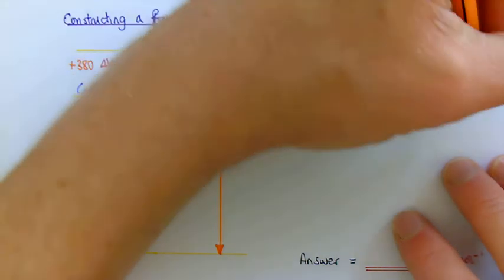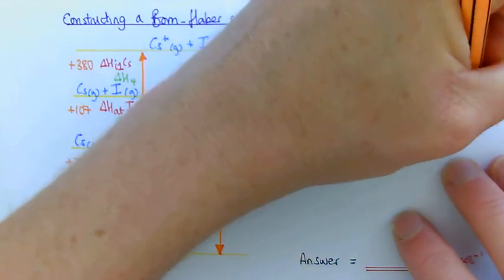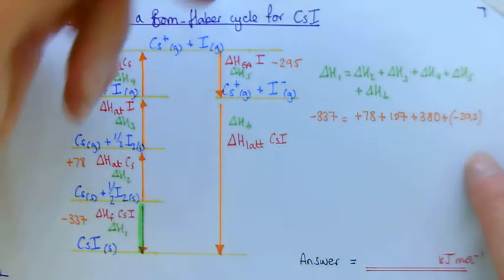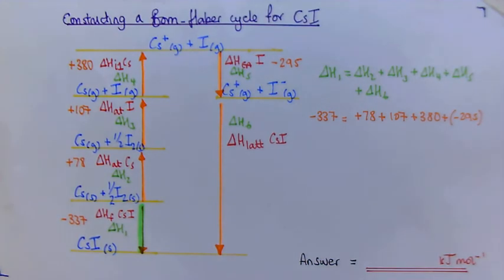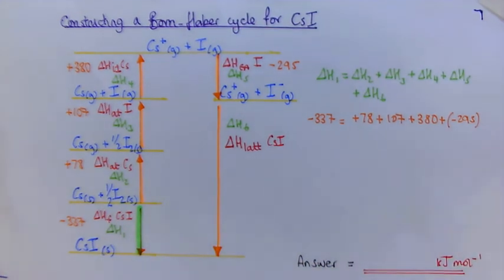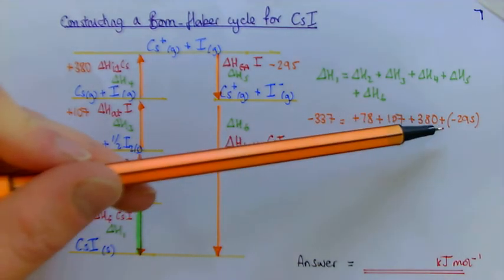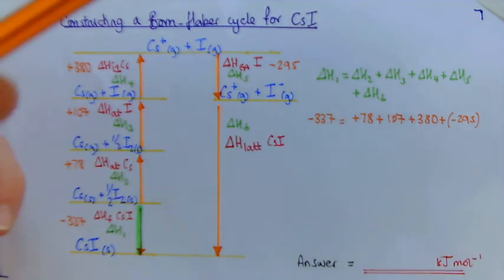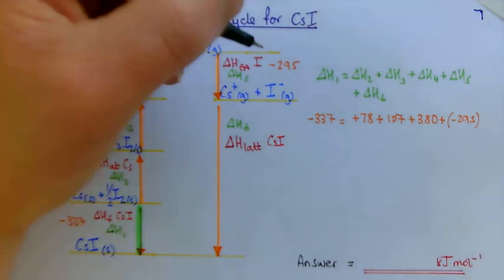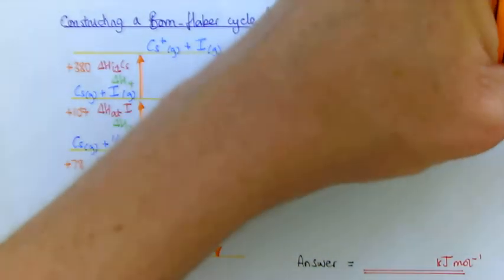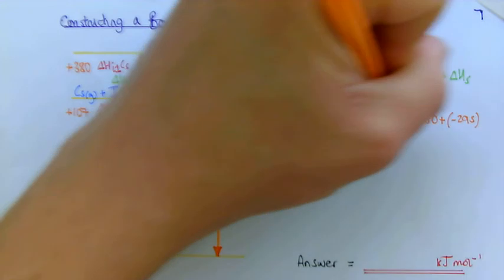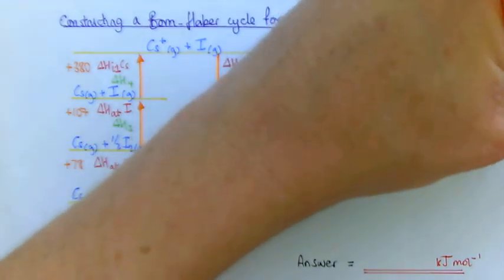If we're going to add minus 295, I like to write it like that, where you add minus 295, just so we're not mixing signs straight away, and then that's all plus delta H6.